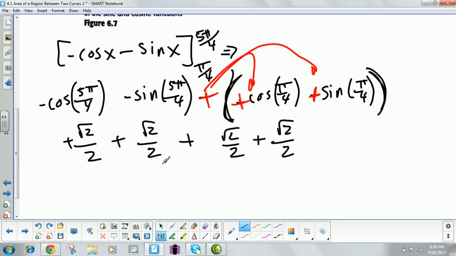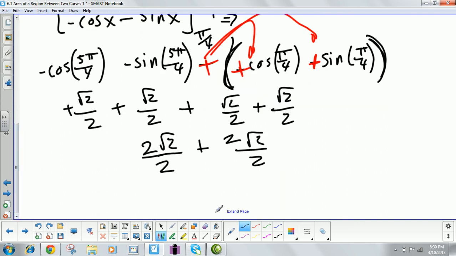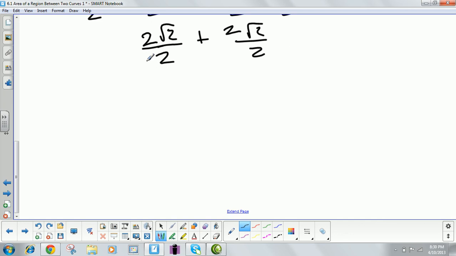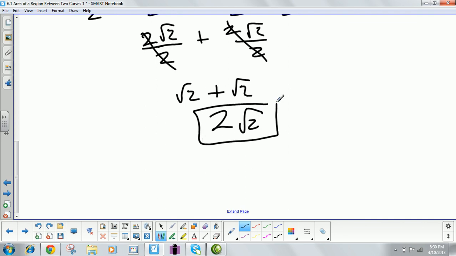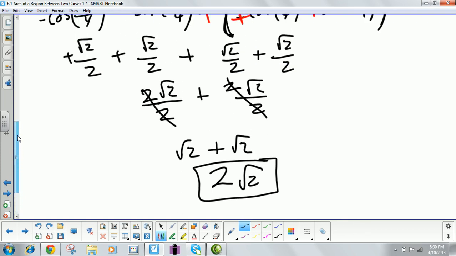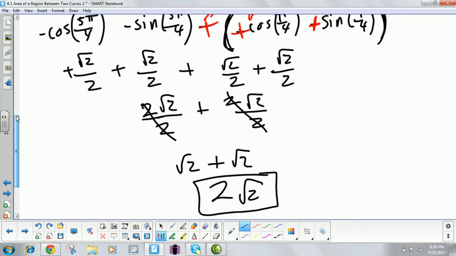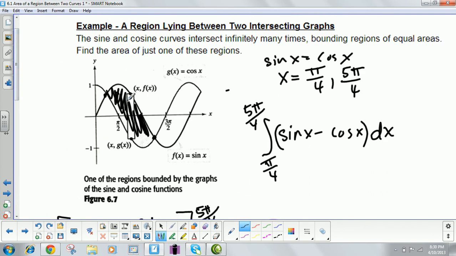So if you do this, you'd have here on the left side 2 radical 2 all over 2 plus 2 radical 2 over 2, which then simplifies, these cancel, and you'd have radical 2 plus radical 2, which is 2 radical 2. That's confusing. So if you need to, just pause it and go back and try it again. But your final answer is 2 radical 2, and that gives you the area between the sine and cosine curve, between their intersection points.